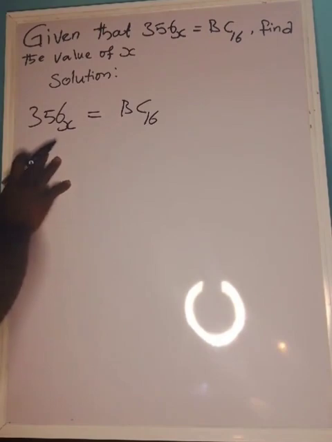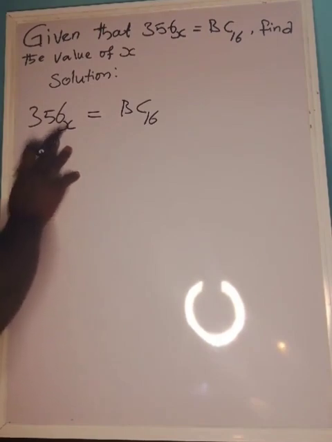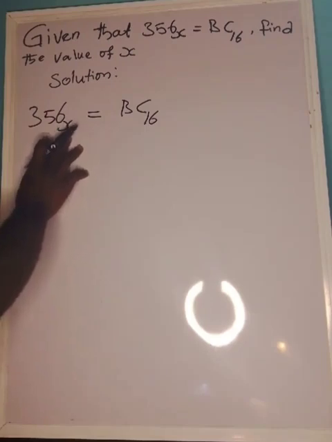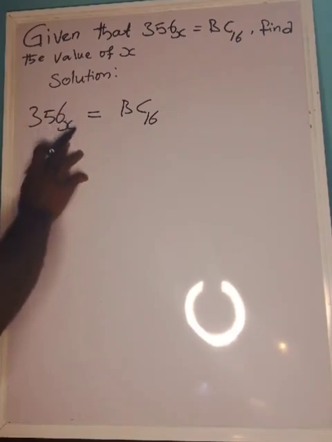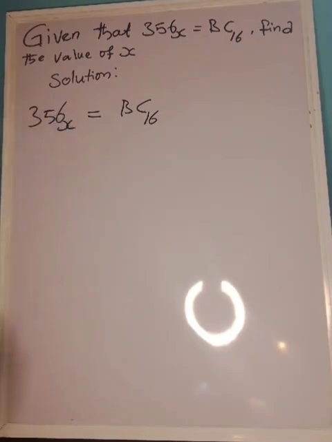If you look at the number, 356 is in base x. X is our base. So we are going to express every digit here as a product of the power of the base.